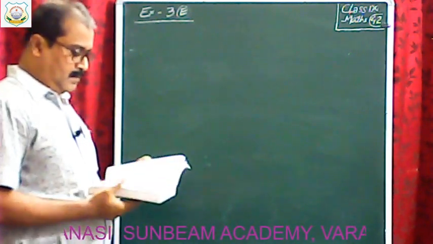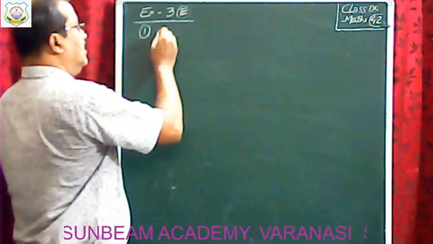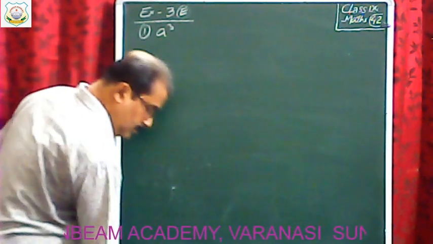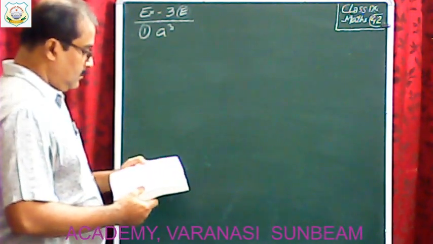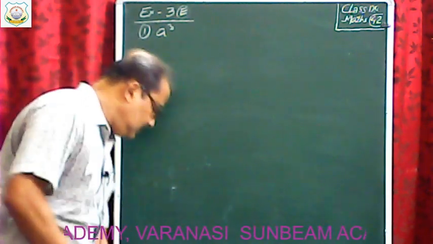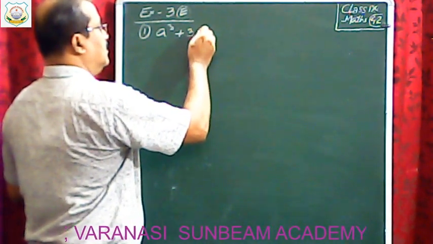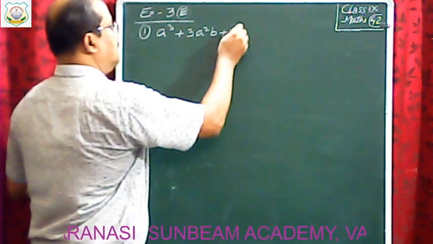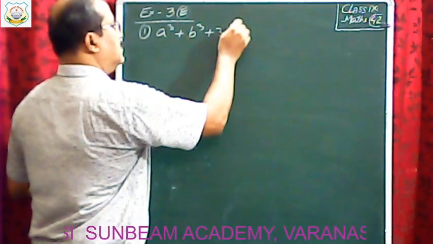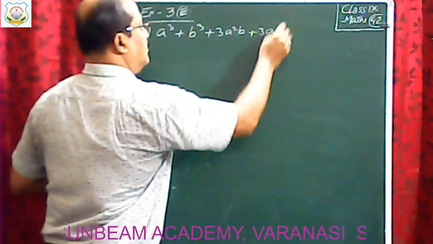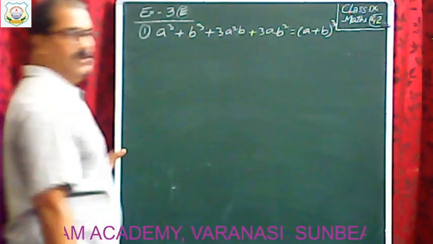The cube identity of this exercise 3. a plus b whole cube equals a cube plus b cube plus 3a square b plus 3ab square, of binomial.